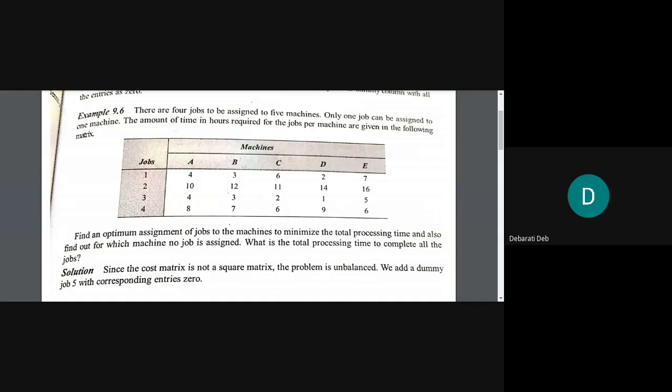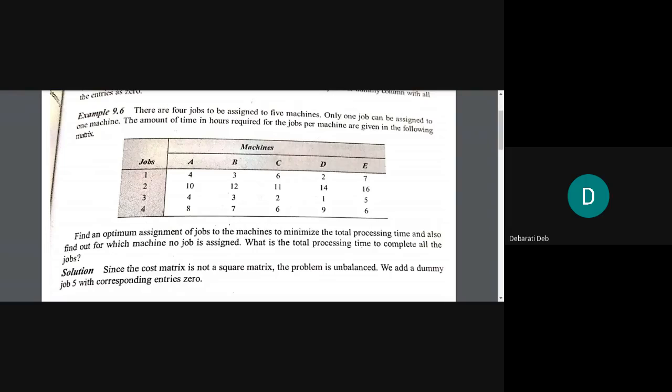Okay. Find an optimum assignment of jobs to the machines to minimize the total processing time, and also find out for which machine no job is assigned. What is the total processing time to complete all the jobs? Don't get scared by seeing a time given to you.